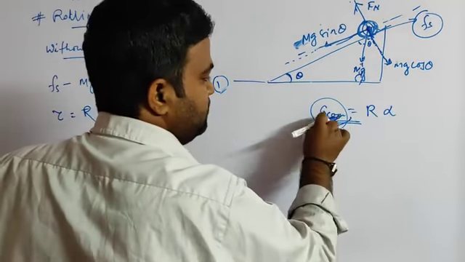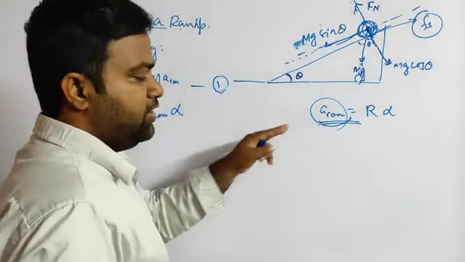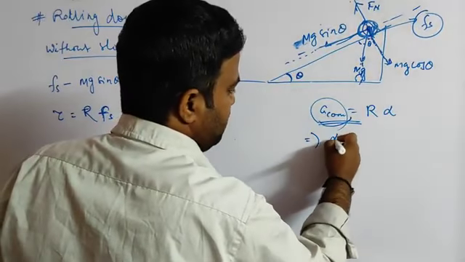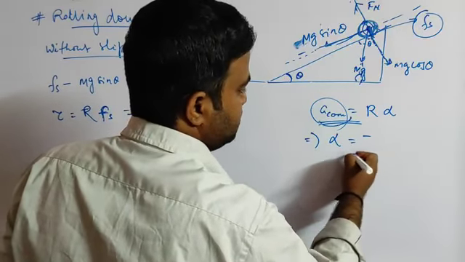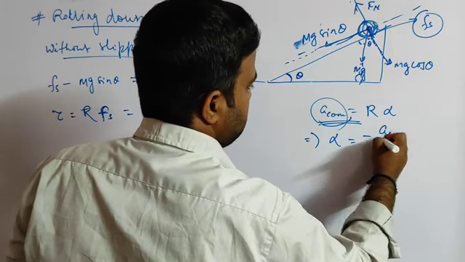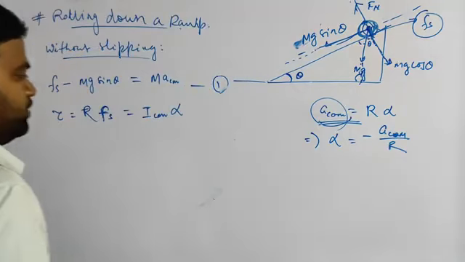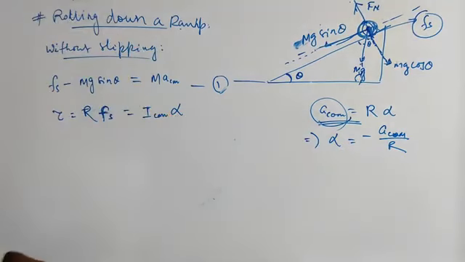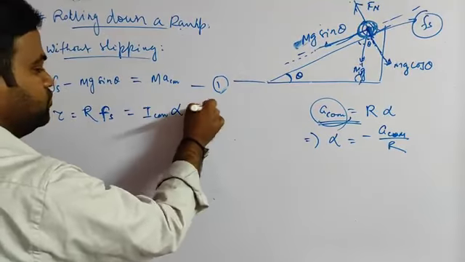So alpha will be positive, but a center of mass we consider negative. So from here we can write alpha is equal to minus a center of mass by r. Now we'll substitute this in equation number 2.